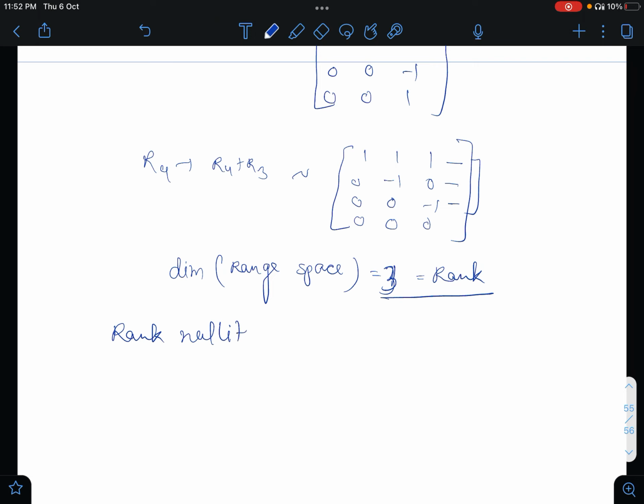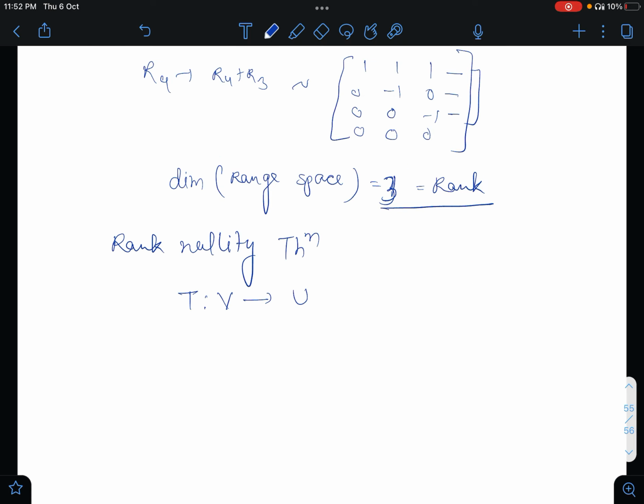The rank-nullity theorem says that if T is a linear transformation from a finite dimensional space V to U, then V has to be finite dimensional, and the dimension of V is equal to rank plus nullity.